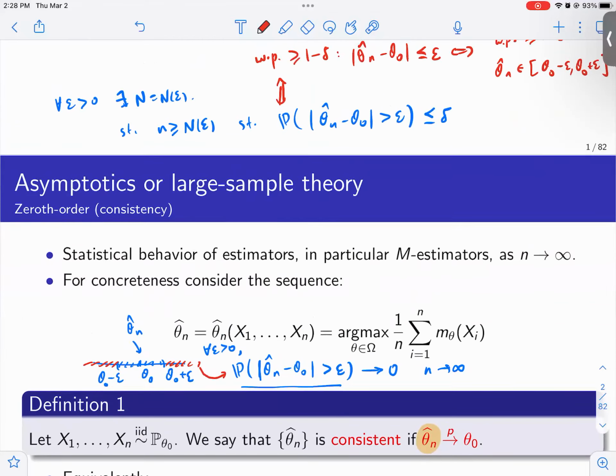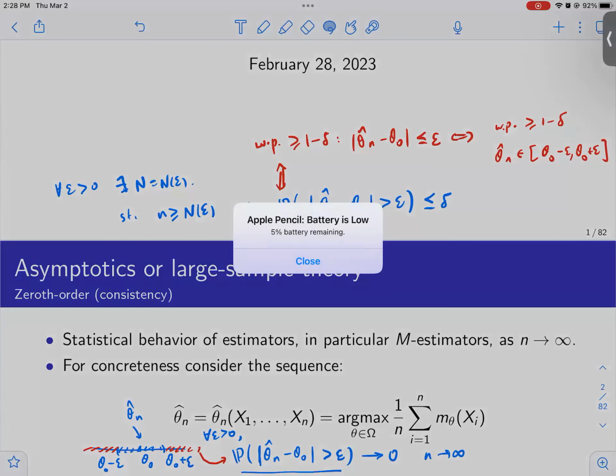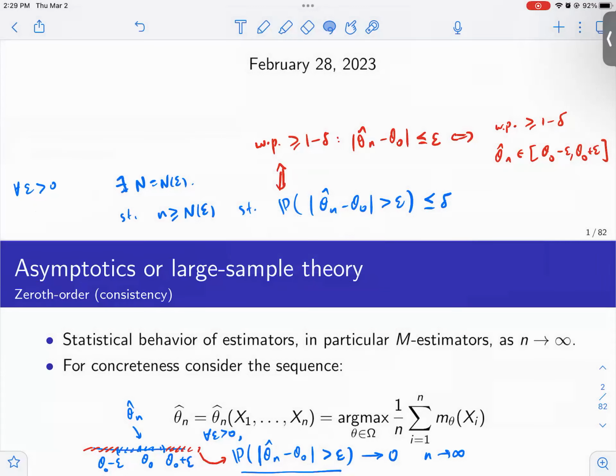What this is saying is that whatever level of confidence you want and whatever level of accuracy you want, there is a certain sample size. To be precise, for every epsilon and for every delta bigger than 0, basically for every level of accuracy and every level of confidence, there exists a sufficiently large n such that you can achieve that accuracy with that level of confidence.